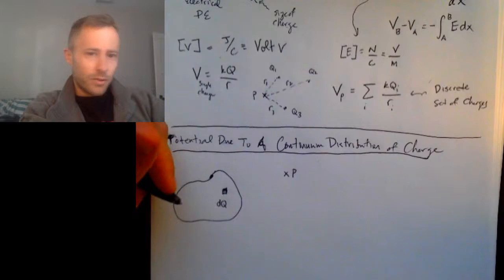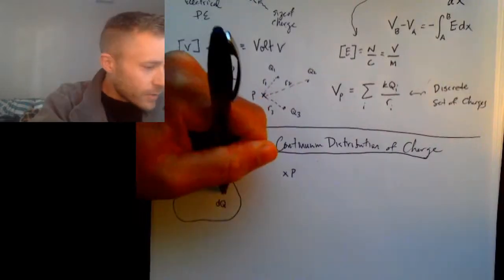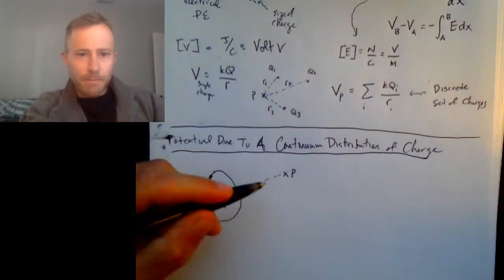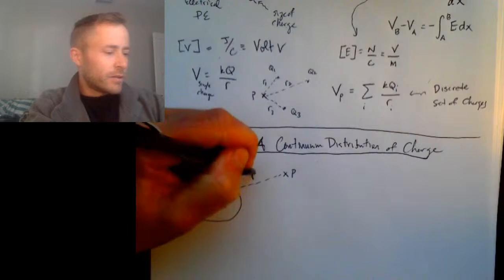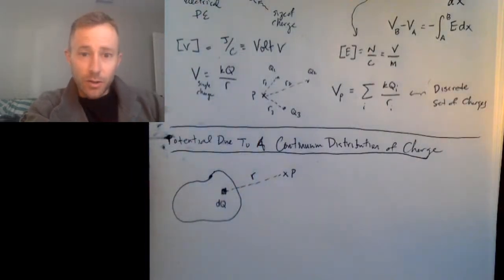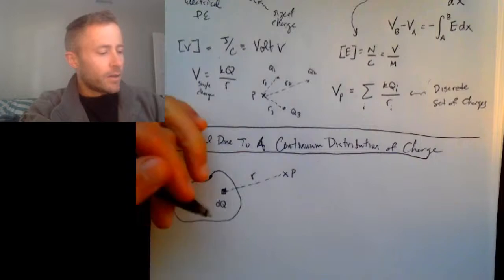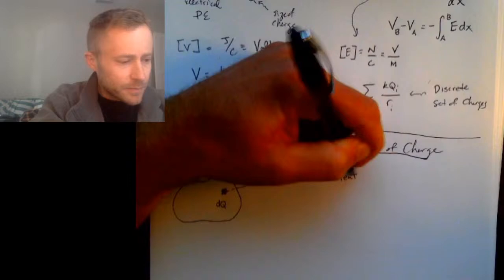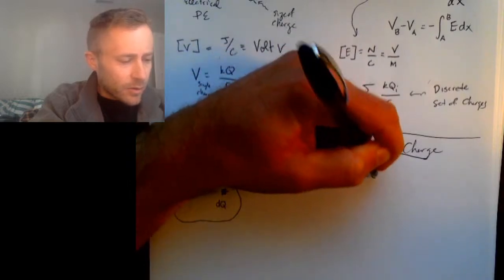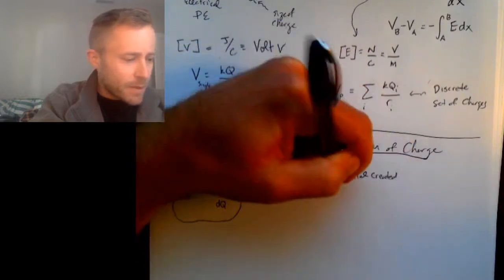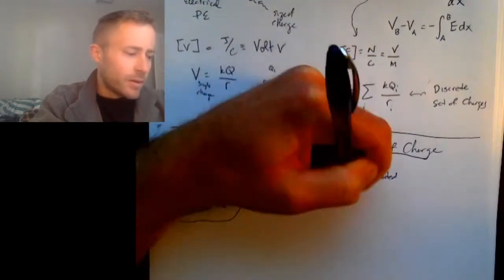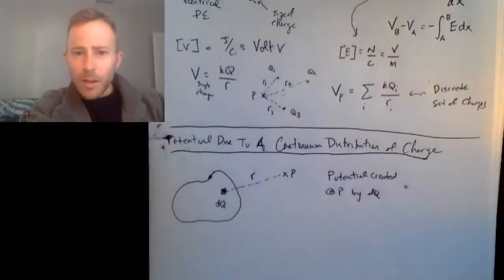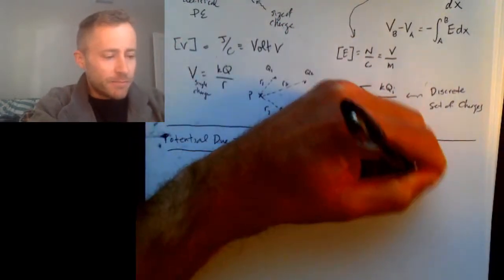So what we would do is we would look at what is the distance of dq from point P, and I would measure that distance out and call that R. All right? So the potential created at point P by dq, I'm going to call that dV.